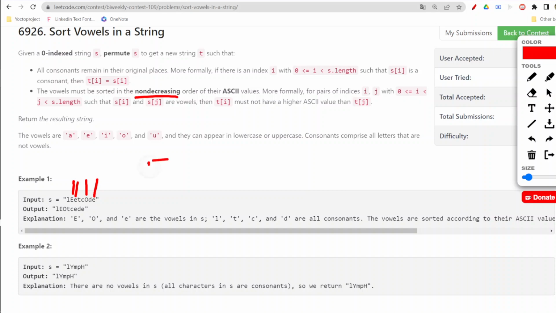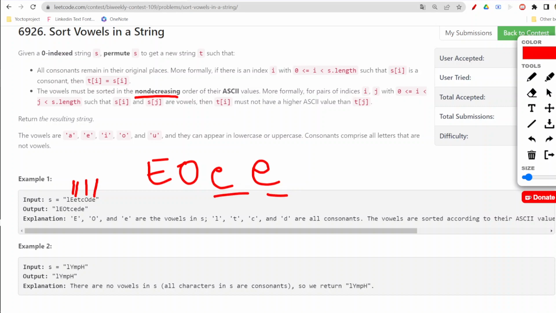So if we see, the ASCII value of capital E is first, then comes capital O, and then comes lowercase e. And then this e is also there.